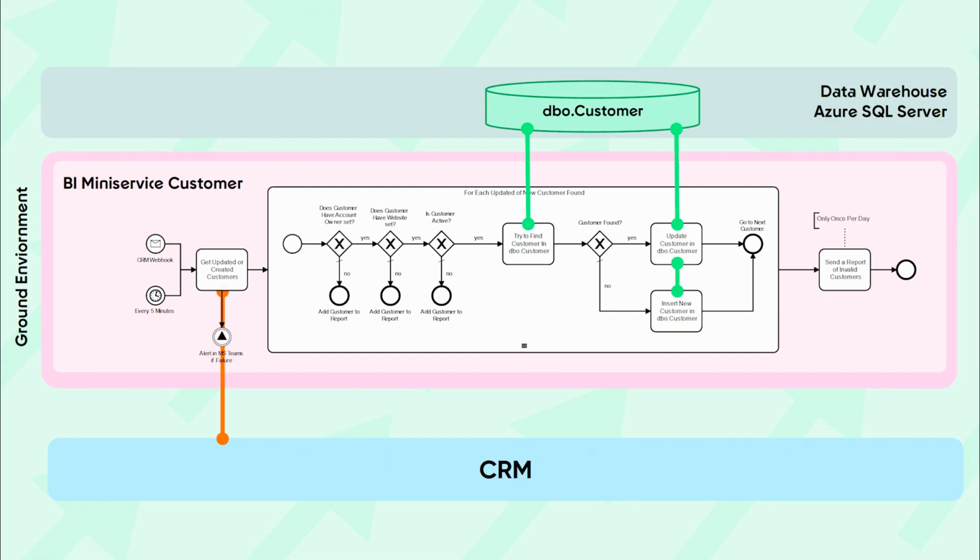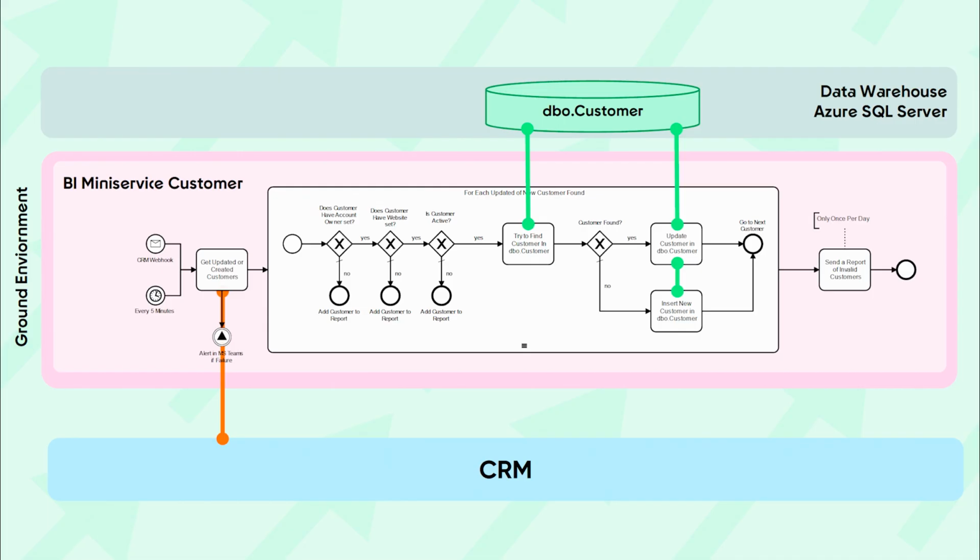But we also check that the customer has a website set, since quite typically the data in the CRM isn't as nice as it should be. And finally, we make sure that the customer is active, and then we perform a simple upsert functionality. So we first detect: is that customer already present in our Azure SQL data warehouse? If so, we perform an update, and if not, we create that customer as a new case.